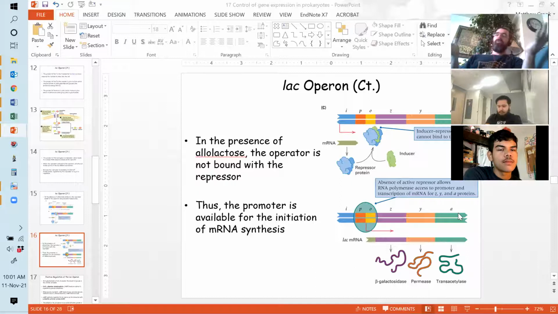But it can be on, and we don't really want it to be on, right? Because we have glucose present. So now we have to find some way of dialing back the LAC operon when there's glucose present, right? So essentially there's two extremes that we've got here in terms of output.